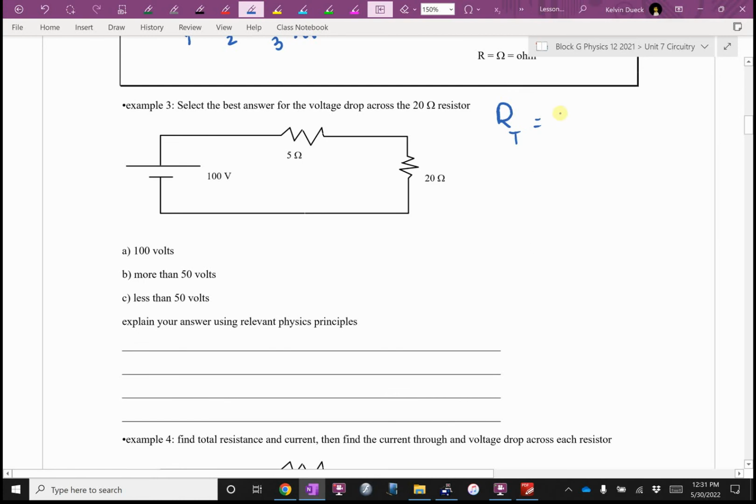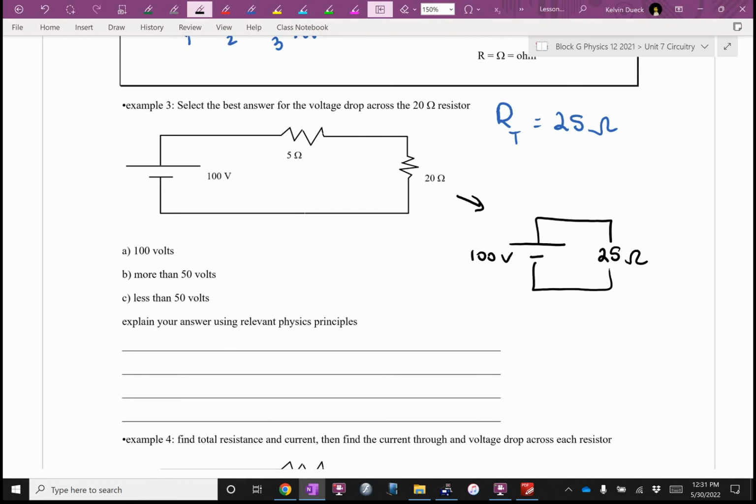Yep. In other words, I'm going to argue that this circuit is the same as a 100 volt battery and a single 25 ohm resistor. You okay with that?